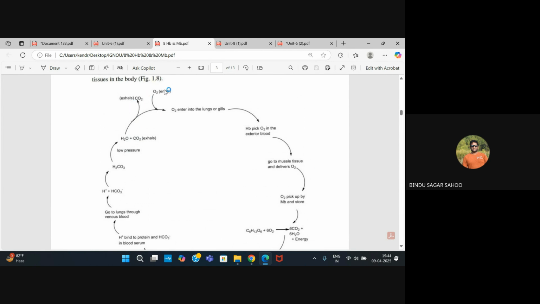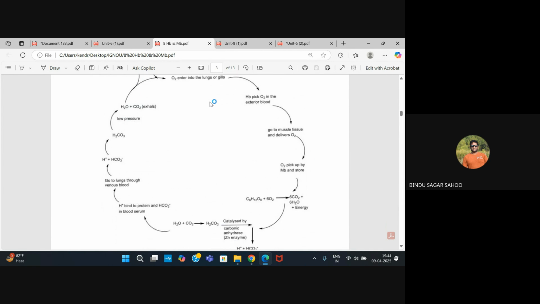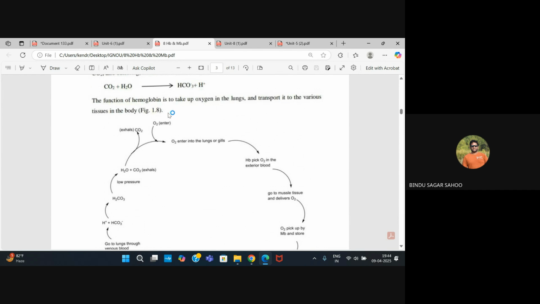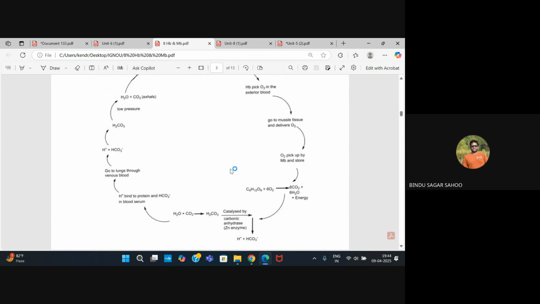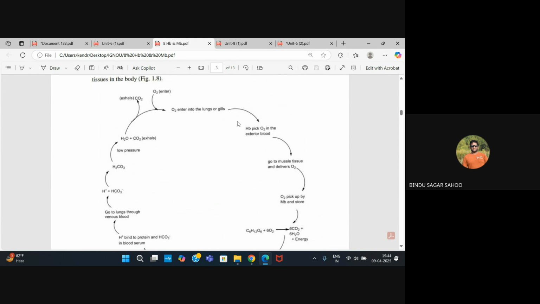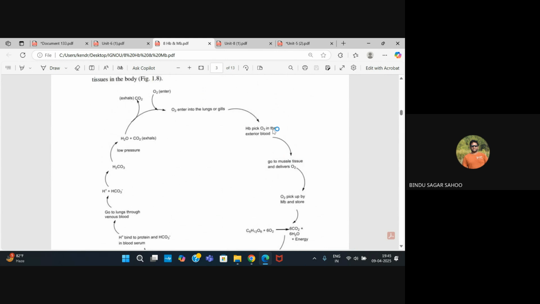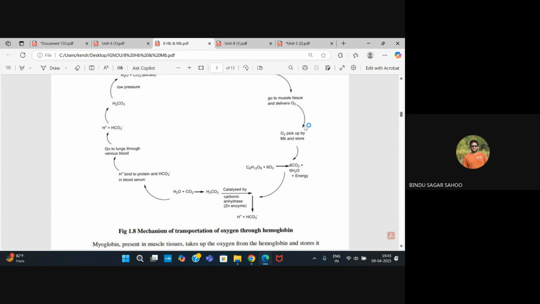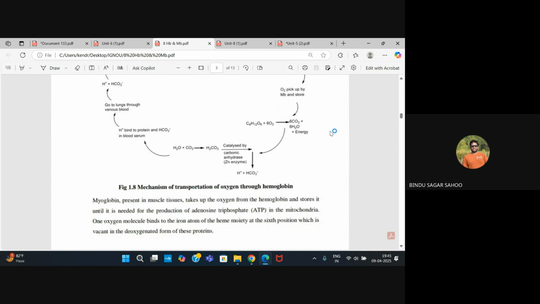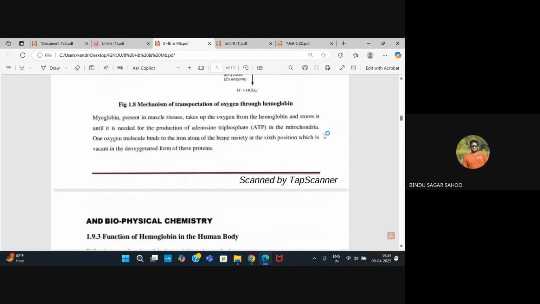So this is the complete biological cycle of the entry of oxygen into our body and how we deliver the carbon dioxide. Through this cycle, the role of hemoglobin is very important. Hemoglobin acts as an oxygen carrier.